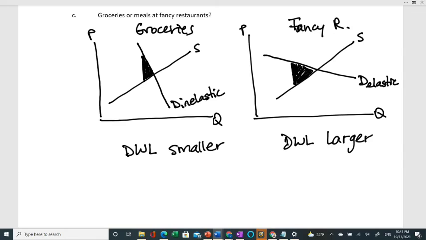People face trade-offs, and the main trade-off is between efficiency and equality. In this case, as we see, more efficiency means less equality, and more equality means less efficiency.